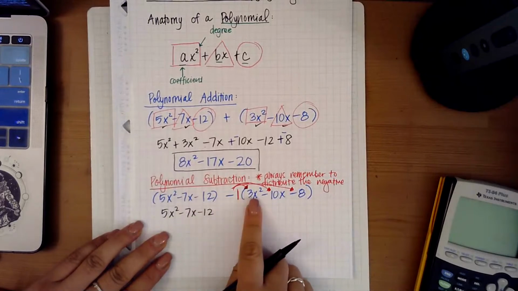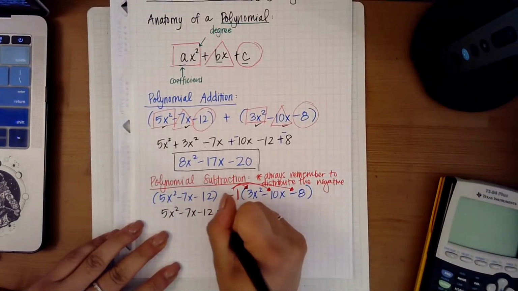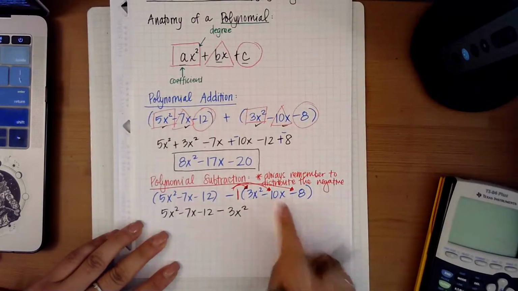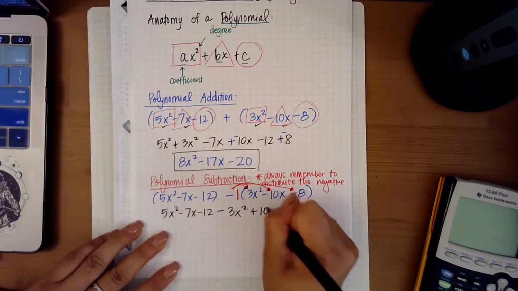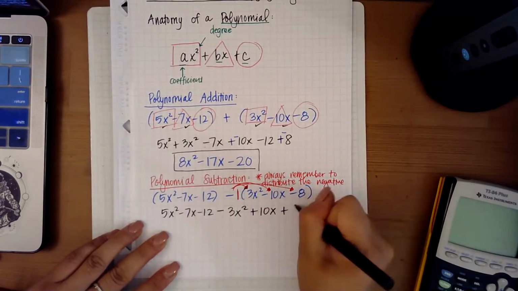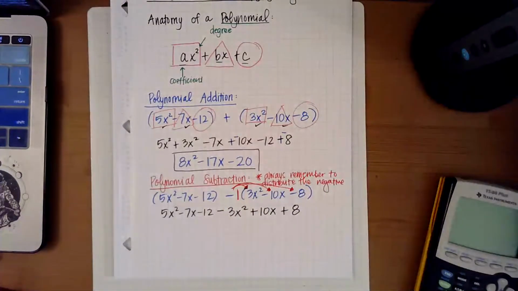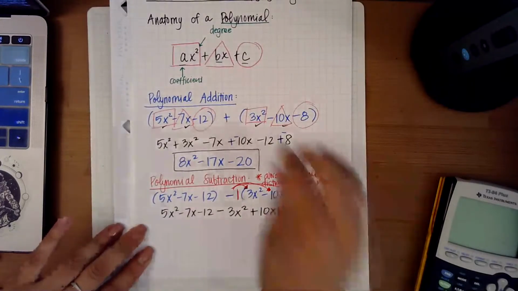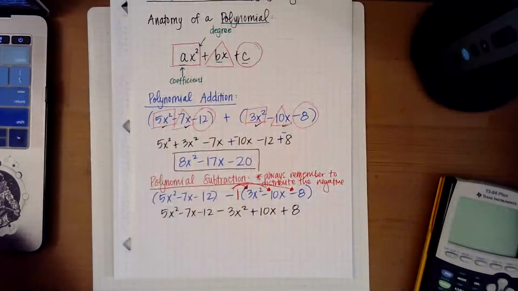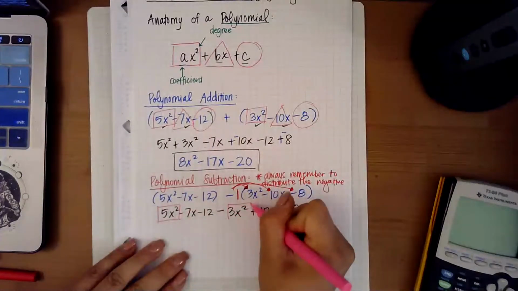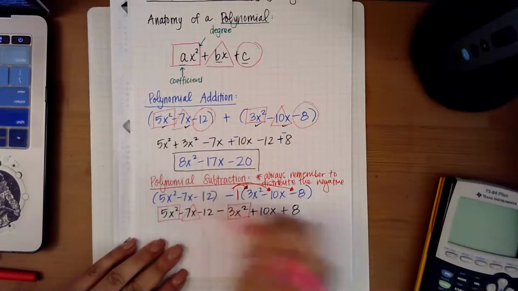A -1 times a positive 3x squared gives me -3x squared. A -1 times a -10x gives me a positive 10x. And a -1 times a -8 gives me a positive 8. So now I've distributed the negative, and in essence, this is now going to look like a polynomial addition. So I've got to make sure that I visualize who combines with who.